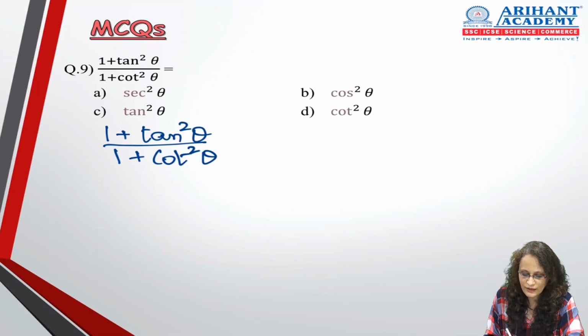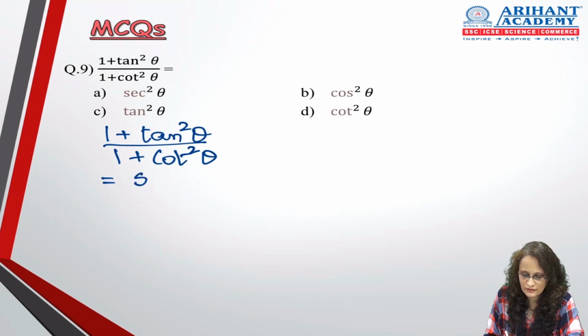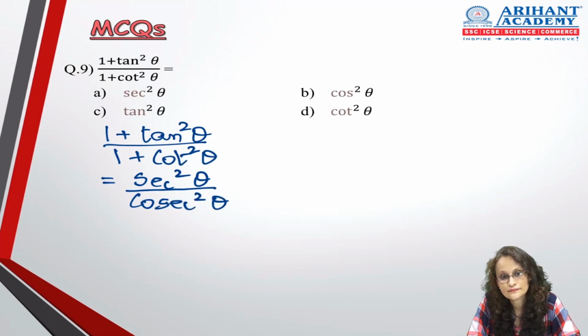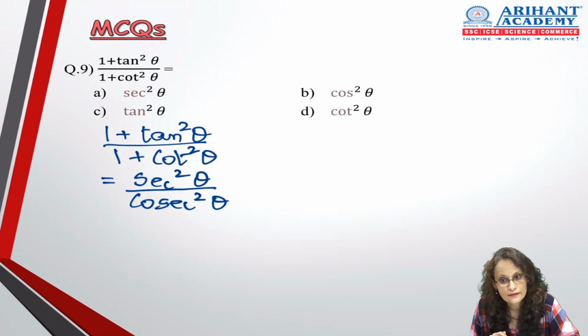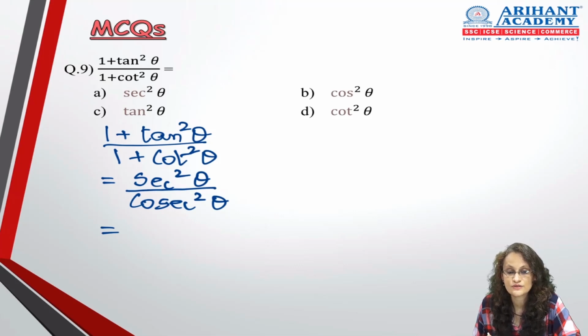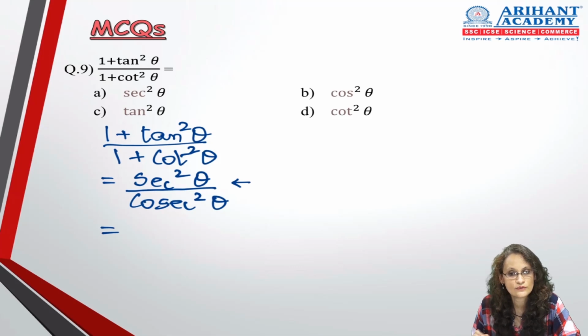Now 1 plus tan square theta, I have just now learnt in the second identity that it is sec square theta, upon 1 plus cot square theta, which is nothing but cosec square theta. So here we used the second and third identities to reach this point. Clear? Now sec square theta upon cosec square theta is what I have got. Now I need to proceed further because this is not visible in any of the options. So I need to think further now.